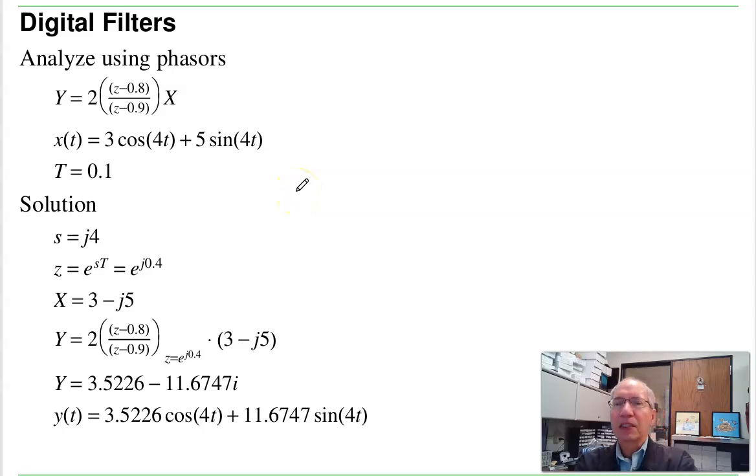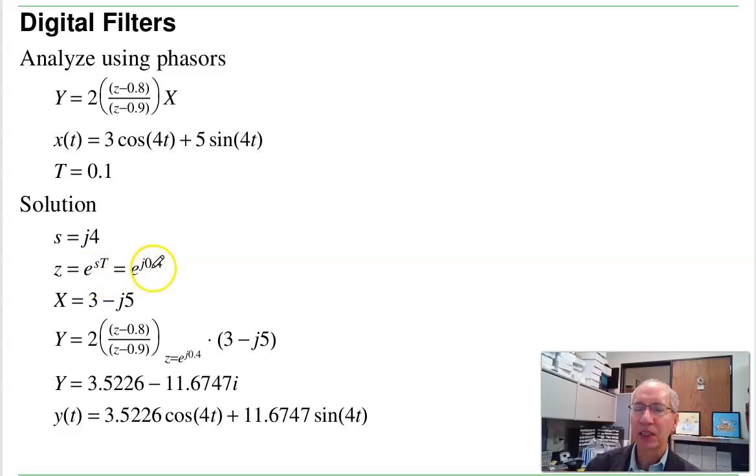The reason we like Z-transforms is that they can be analyzed with sine wave inputs the same way you did with the Laplace transforms. Use phasors. For example, if I have this filter and the input's a sine wave, use phasor analysis. This is the gain everywhere. All I care about is what's the gain at s equals j4. So s is j4, z is e to the st. That's the mapping from the s-plane to the z-plane.